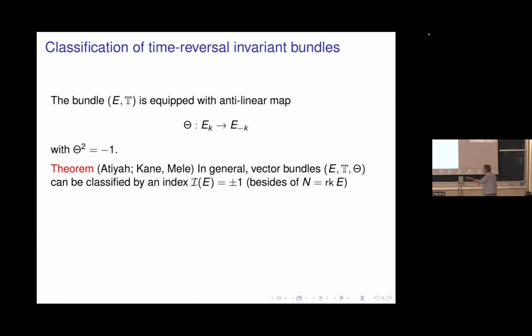It was rediscovered in the context of solid state physics by Kane and Mele: for general vector bundles that are time reversal invariant in dimension 2, there is an index that takes the value plus or minus 1. I think we leave it here, and tomorrow I will tell you how this index can be understood in a way similar to the one we understood today. And then we finally will move on to class 3.